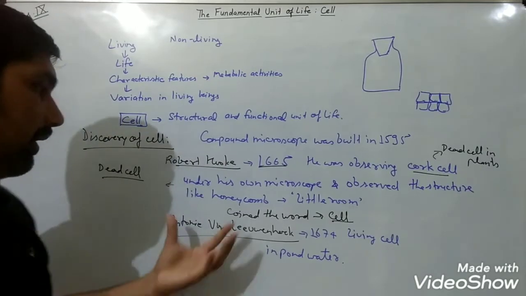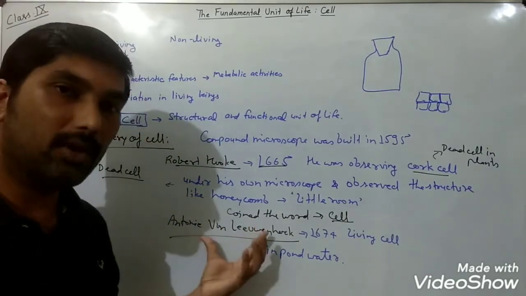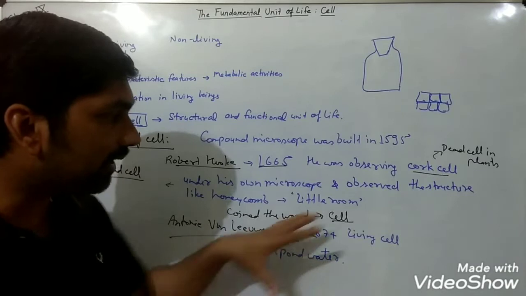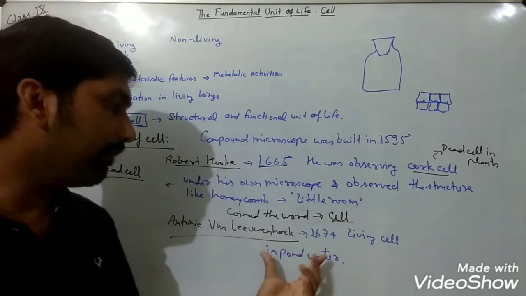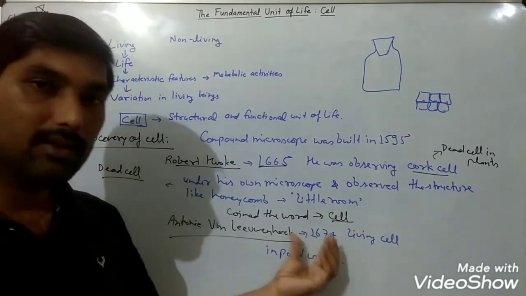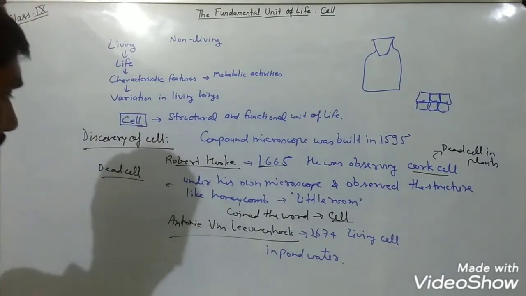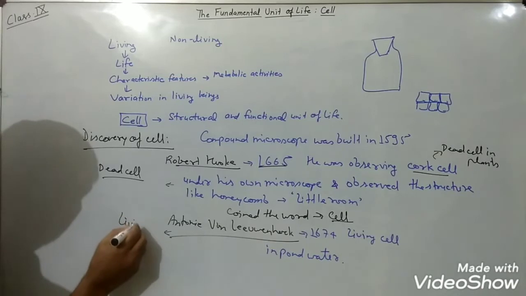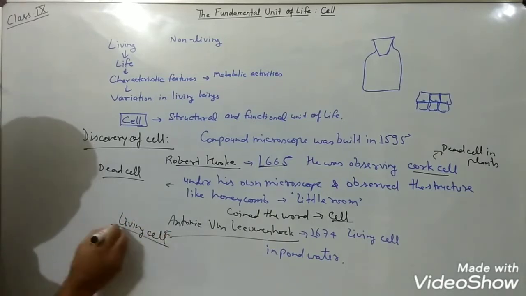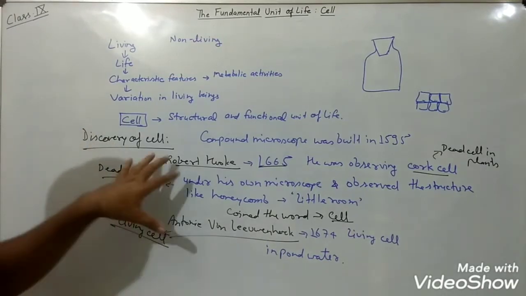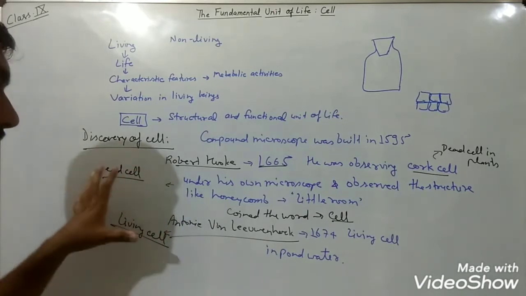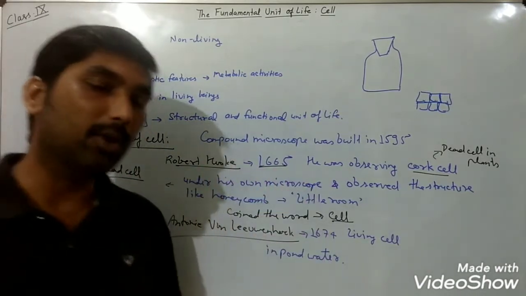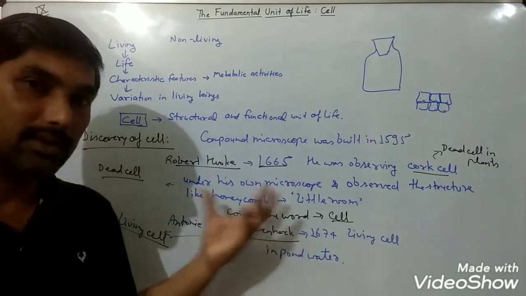But when Antony von Leeuwenhoek was observing, he observed the living cell for the first time in pond water, in the year 1674. So Antony von Leeuwenhoek discovered the living cell for the first time, and Robert Hooke discovered the dead cell for the first time.